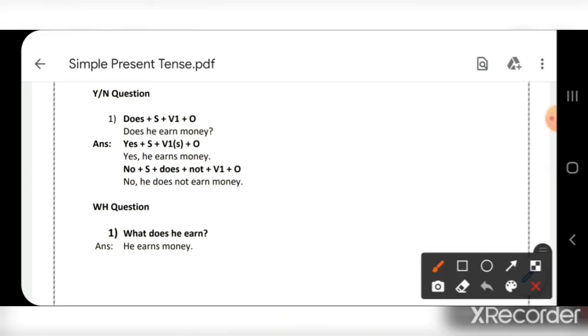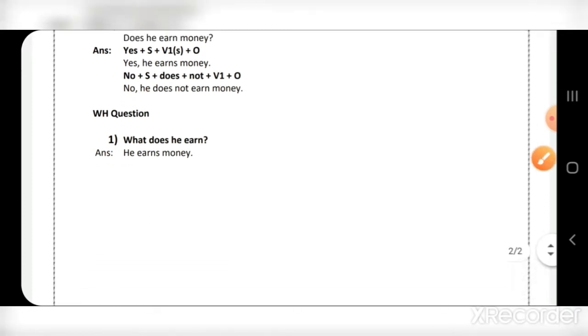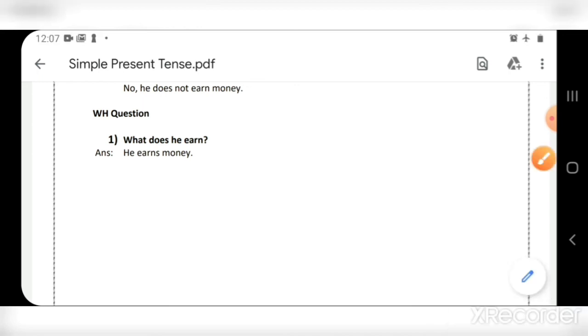Okay, and the negative answer is he does not earn money. I haven't applied s there, okay, because I'm using does here. He does not earn money. Now the next one is a WH question, that is what does he earn? He earns money. Okay, so he earns money is the simple sentence, subject verb object.